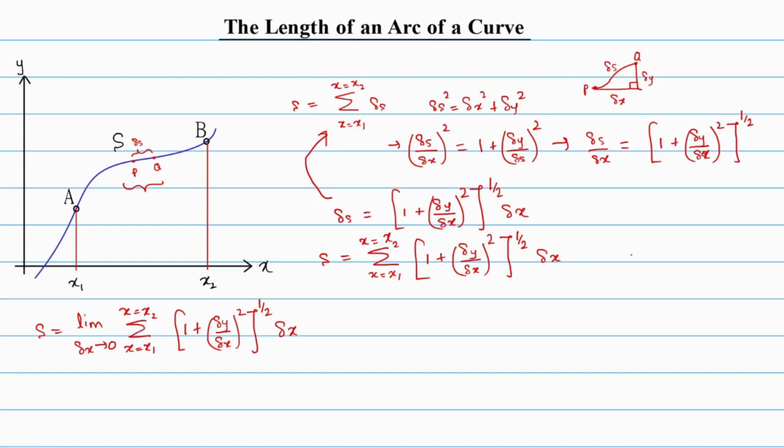We know that when delta y over delta x is sent to 0, we get dy by dx.